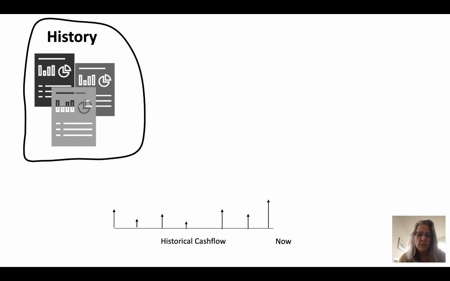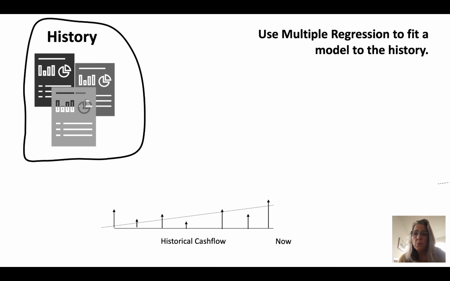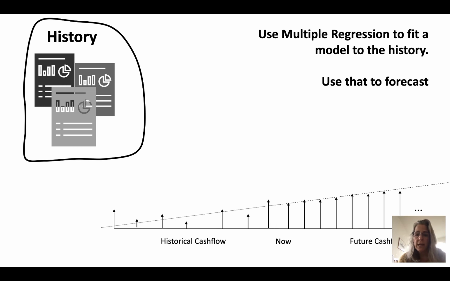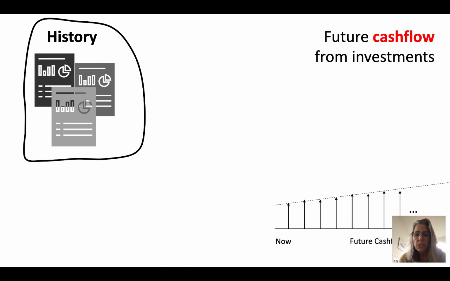So we look at this public information, look at historical cash flows, and then we use multiple regression to fit a model to the history. So we try to say, well, this is what causes this cash flow to go up and down. And then from there, we can use that to forecast into the future what the particular cash flow is going to be. Once we have that, we have the future cash flows from this investment based on the history of it.